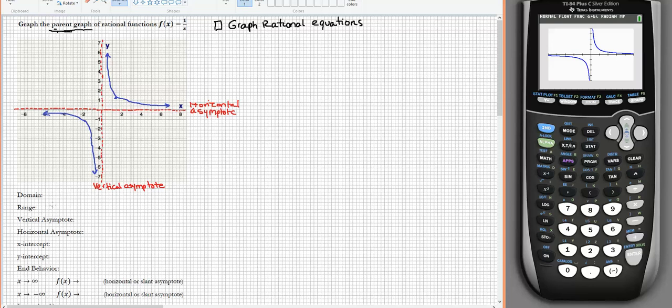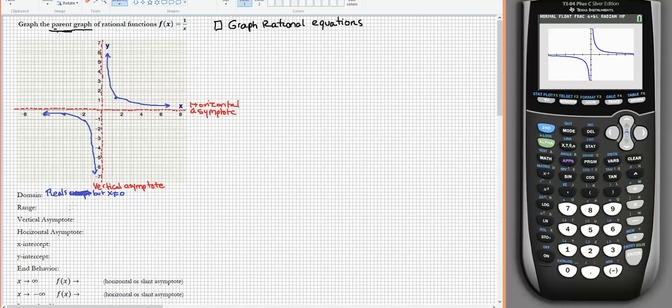So the domain of this function is all reals, but x can't be 0. So x can be anything but 0, because the function doesn't really exist at 0.